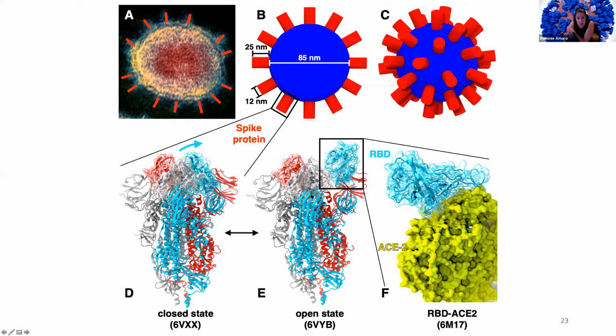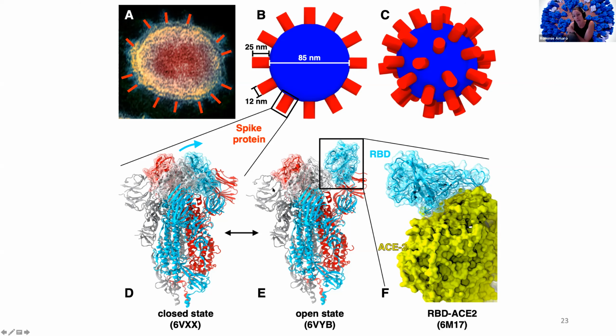What we need to do, before we can build the system, is build really good models of each of the components. The first component we have started to address, pretty much the only one I will talk about today, is the so-called spike protein.